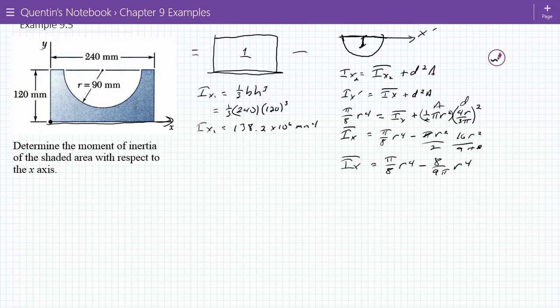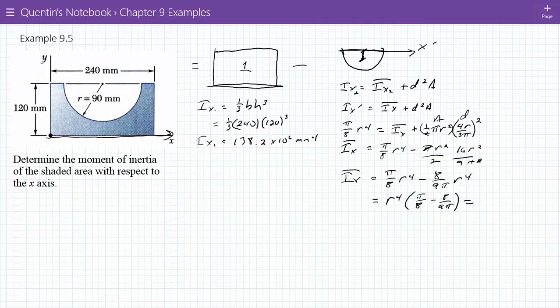So you can pull the r to the 4ths out, and you say r to the 4th times pi over 8 minus 8 over 9 pi. And that gives you an actual number, because these are given with numbers here, and that gives us the value of 7.20 times 10 to the 6th, and that's millimeters to the 4th.